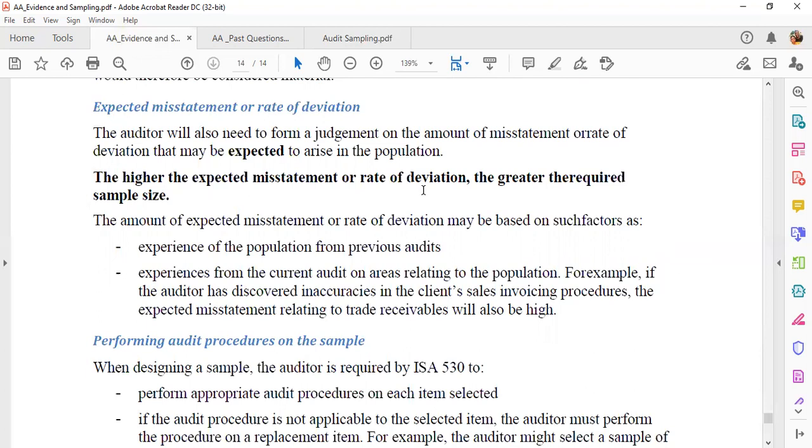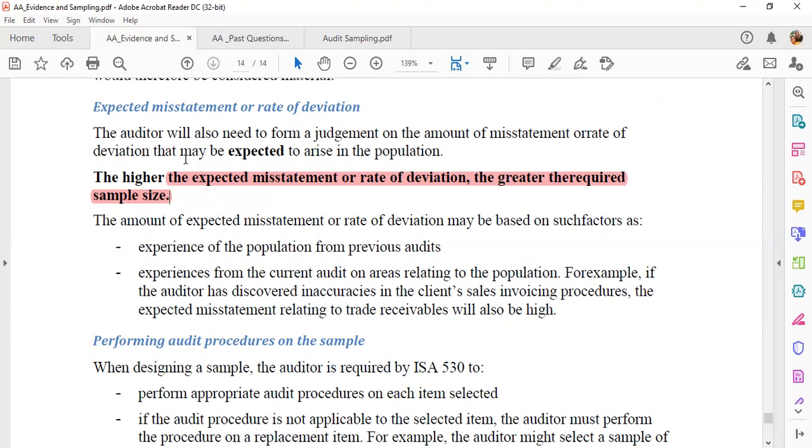If the expected deviation is high, I expect like 20, I expect like 50, what I need to do now is that the sample size has to be increased so that we are able to check more documents. And what is going to give me a clue about how I'm going to determine this rate of deviation?